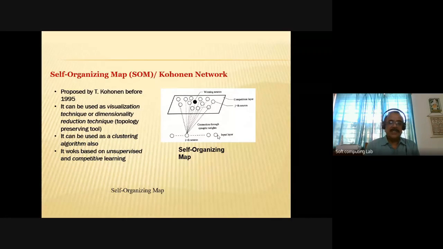So it considers not only the distance between two points in higher dimension, but also the relative position of the second point with respect to the first point. That means whether the second point is towards north, south, east or west with respect to the first point, that is also considered in the topology preserving tool. Let me take a very simple example.